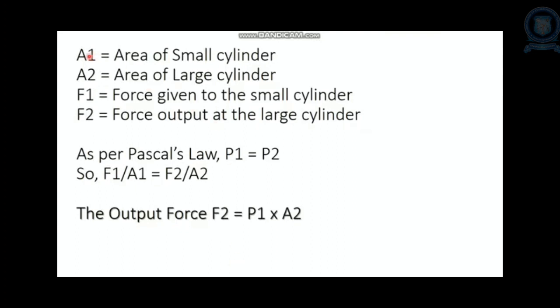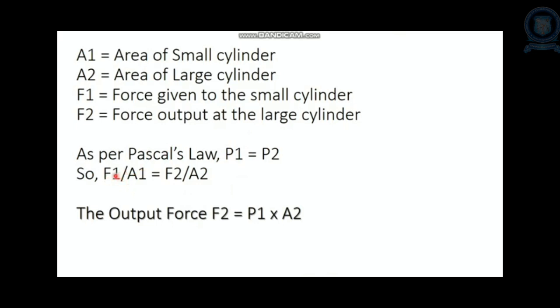Let us consider A1 is the area of the small cylinder and A2 is the area of the large cylinder. Similarly, F1 is the force given to the small cylinder and F2 is the force output at the large cylinder. As per Pascal's law, P1 is equal to P2. The formula of pressure is force by area.